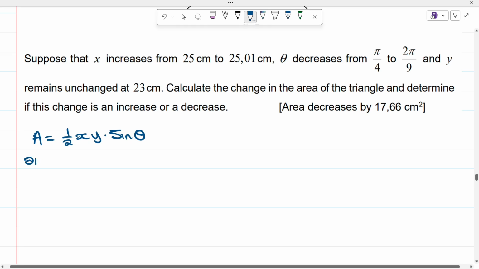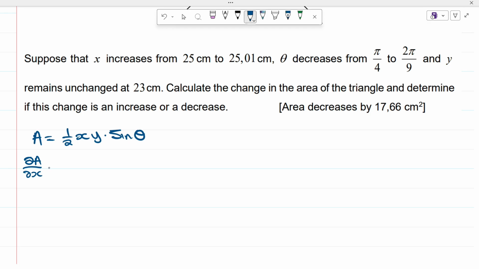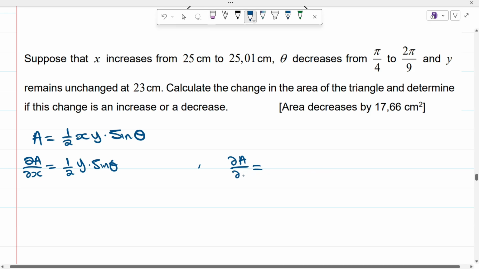The partial derivative of A with respect to x, we can start with. We're going to keep y and theta as constants, so when we differentiate this is going to be just 1/2 y sine of theta. Then we differentiate the area partially again, but this time with respect to y. This is going to be 1/2 x sine of theta, since x and theta are constants.